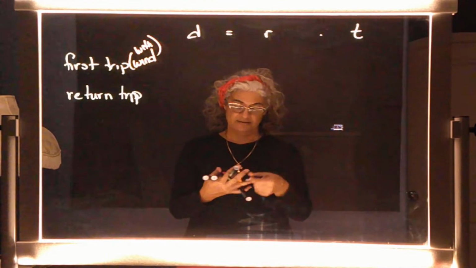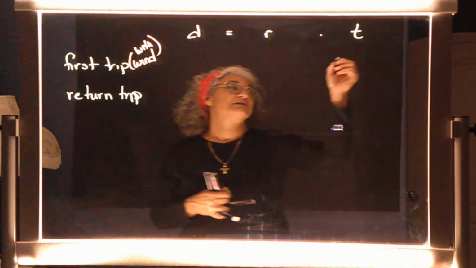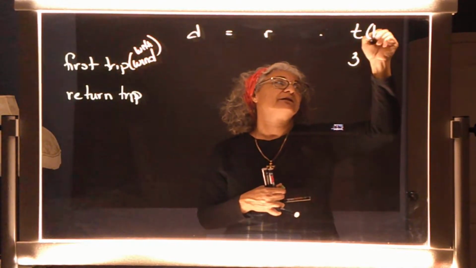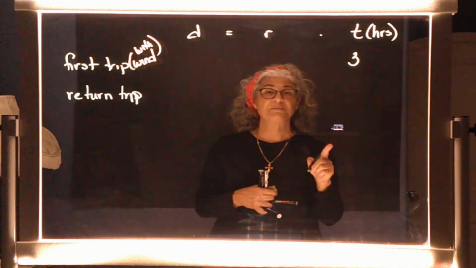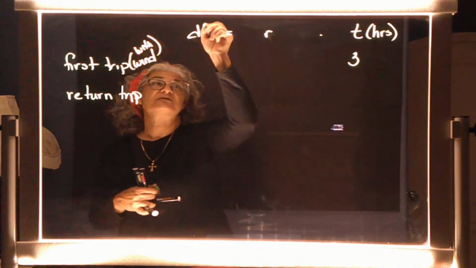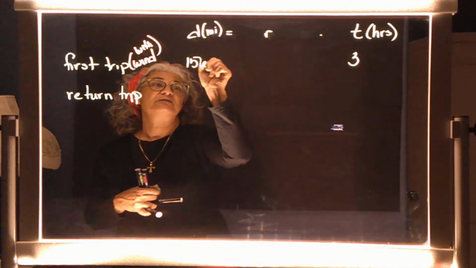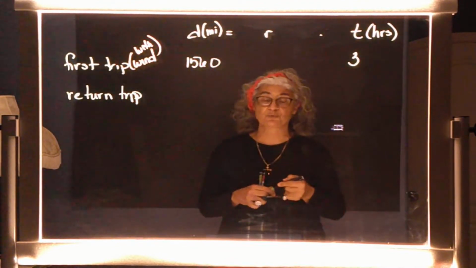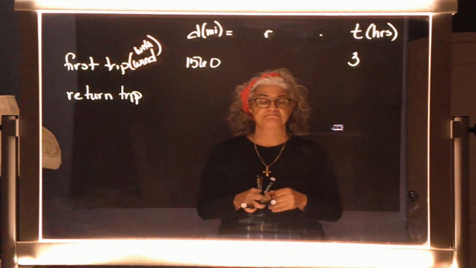And they told us that this plane took 3 hours, so that is your time. So 3, and it's in hours. And they traveled a distance of 1,560 miles. So this is in miles. And it was 1,560, correct? And that was with the wind. All right.